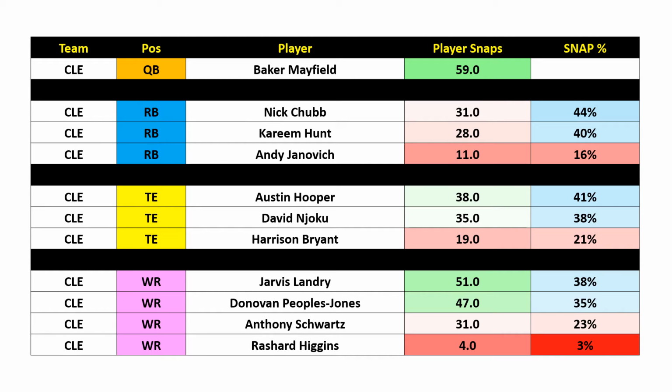Cleveland loves to take some good players and split them up to confound fantasy players, and here they do it. Landry and Peoples-Jones, 38-35. I know OBJ's coming back, so maybe this goes down, but keep an eye on this cat if OBJ's out. Looks like this guy's viable as a number 2.